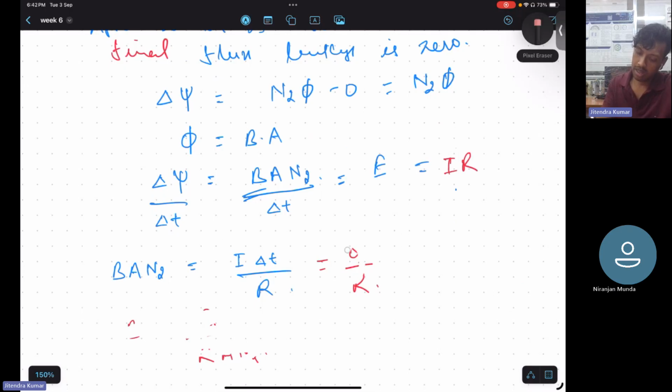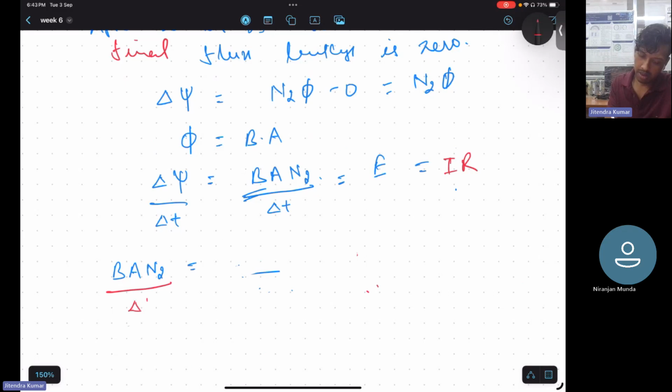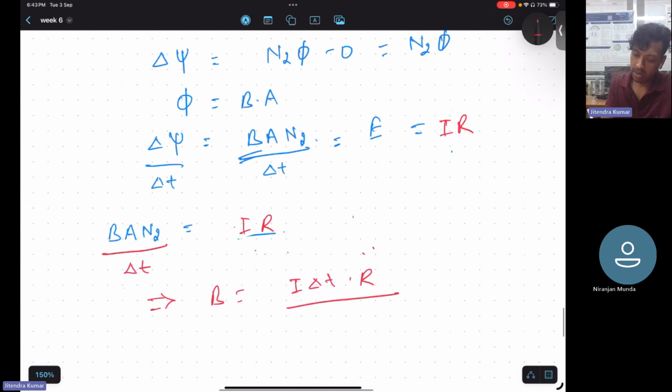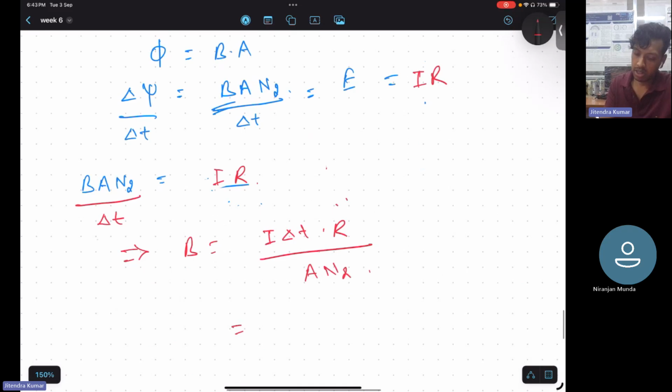So B is equal to I delta T into R divided by A into N2, which leads to QR by A N2.